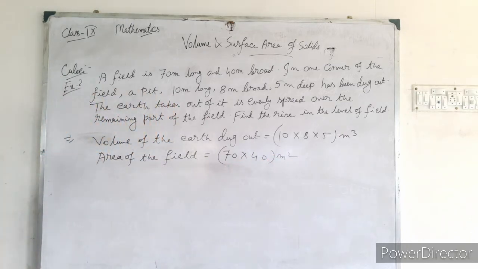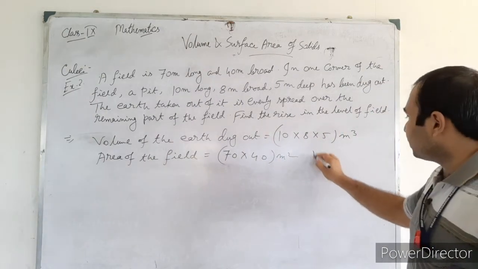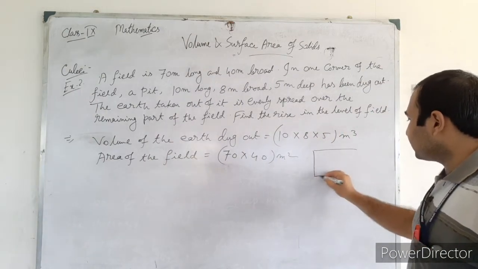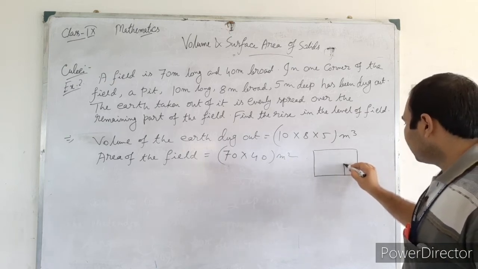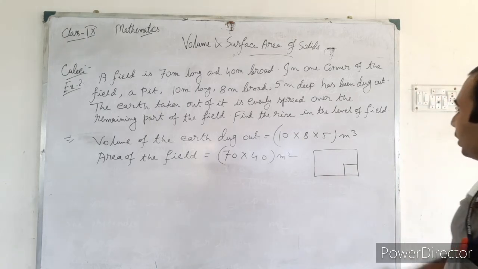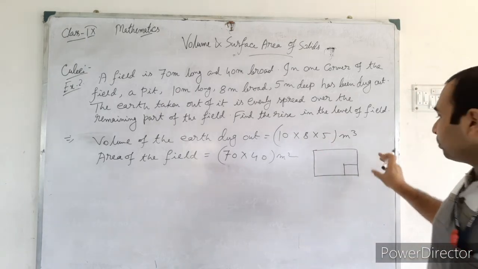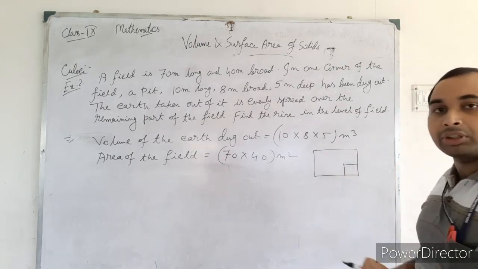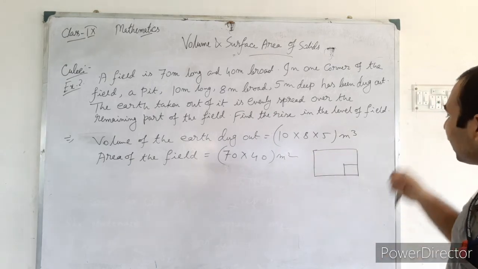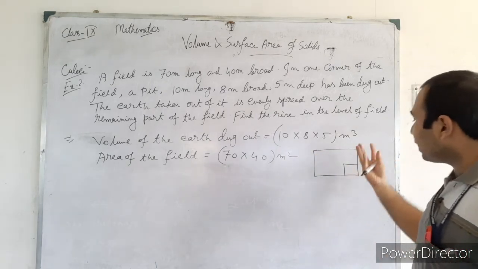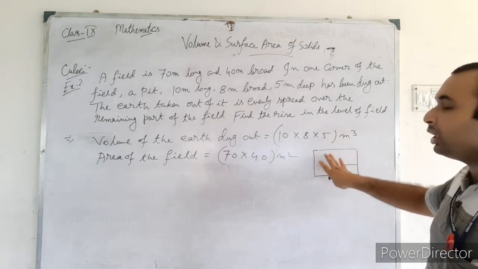Now actually you have to understand the sense of the question. If this is the field, now at this corner the pit has been dug out. If you take this field as a two-dimensional figure, this pit is a three-dimensional figure because it has height, that is the depth. Depth means here it is the height. Whatever earth has been taken out from here has been evenly spread over the remaining part of the field.